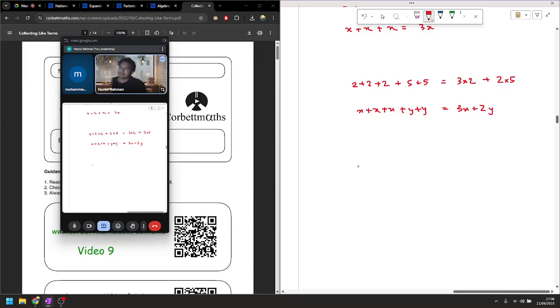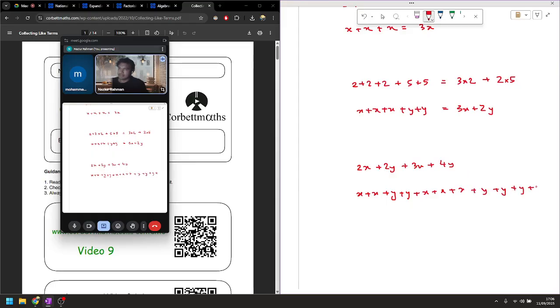So if I have something like this, I have 2x plus 2y plus 3x plus 4y. That's basically saying that I have x plus x, and then I have y plus y, and then I have 3 x's, and then I have 4 y's, right? So just taking our time to really understand what's going on. So this can be written like this, and then we just add up all the x's.